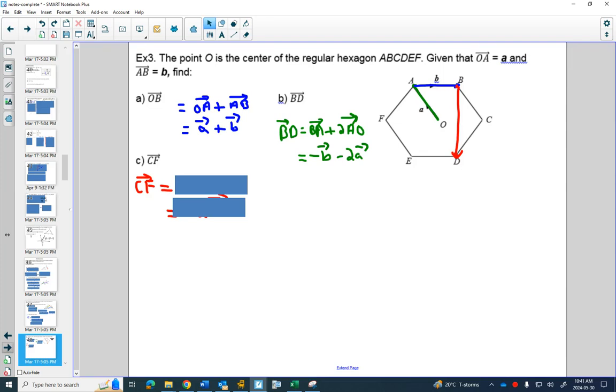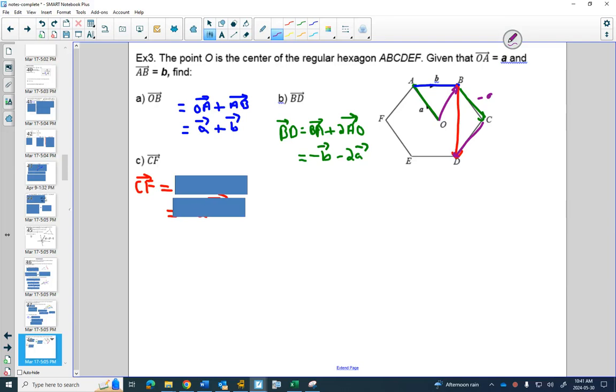You could do this in a more complicated way as well. Check this out. We already figured out O to B in purple, right? Can you see that you could start at B? If you traveled negative A, that would take you along that line. And then traveled the purple one backwards, that would take you along that line, because of the parallelness of the hexagon.